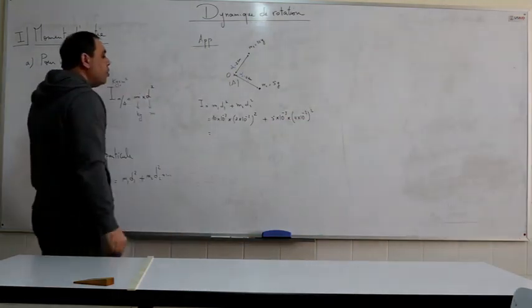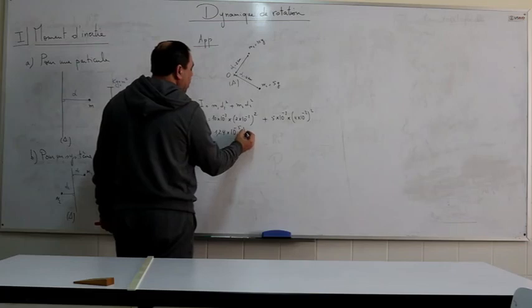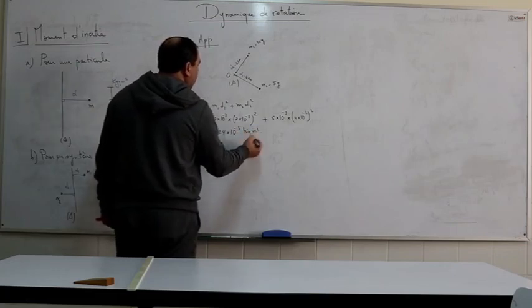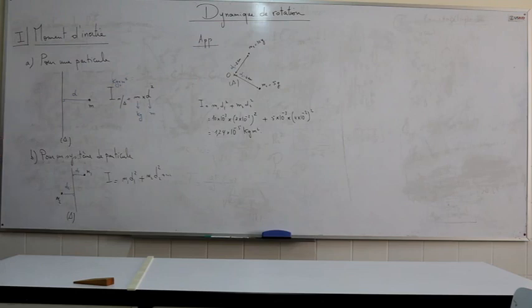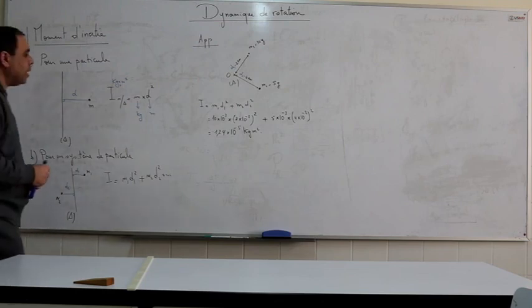The answer of this formula is 1.24 times 10 exponent negative 5 kilogram meter squared. So now we have learned the moment of inertia of a particle and that of a system of particles with respect to delta, and we have solved a small application.